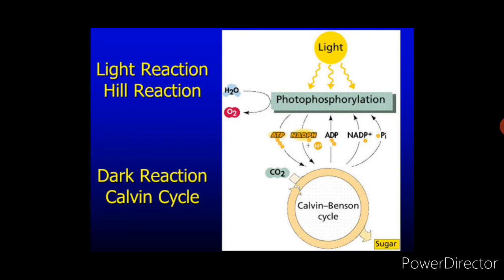The first one is ATP, that is adenosine triphosphate. Next is ADP, adenosine diphosphate. Next is NAD, nicotinamide adenine dinucleotide. The next one is NADP, nicotinamide adenine dinucleotide phosphate. So these are the products obtained from the light dependent reaction. Now these will move from the thylakoid into the stroma, that is the matrix of the chloroplast.